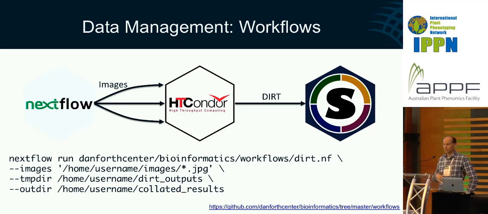We're doing that using a system called Nextflow, which is really cool. It basically lets you write an abstract analysis workflow that can then run on any queuing system or cloud system with or without containers, which are these virtual packaged environments.